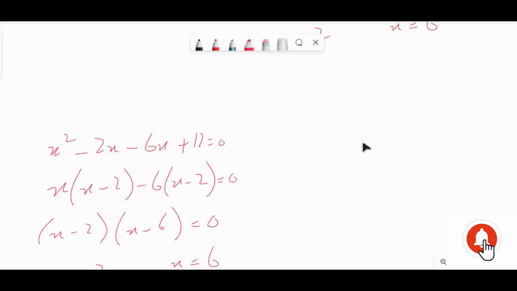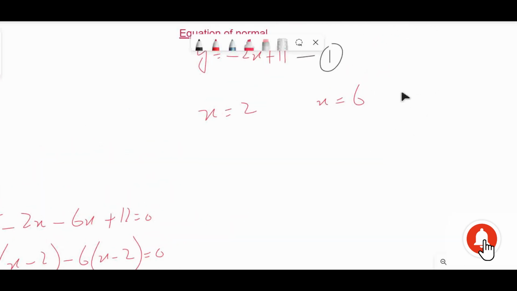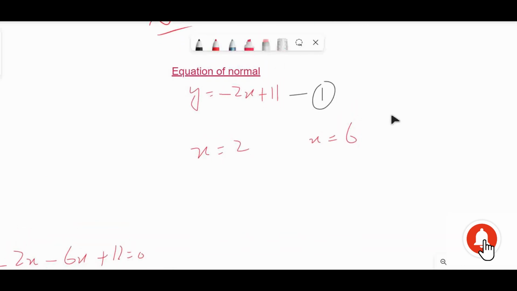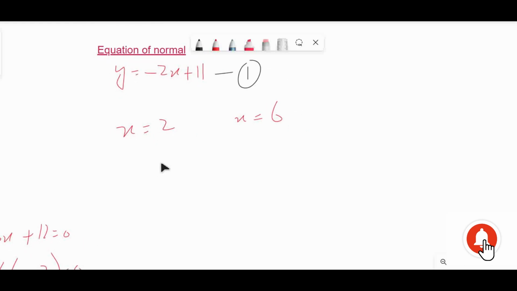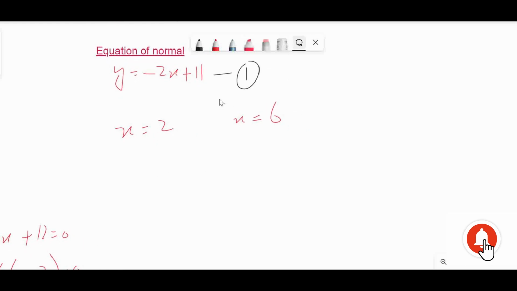Now from here we can see clearly that this was the equation of the normal line, and we have got the values of x here. So let's put these values in the equation and find out the corresponding value of y. First of all, let's put the value x equal to 2 in this equation.